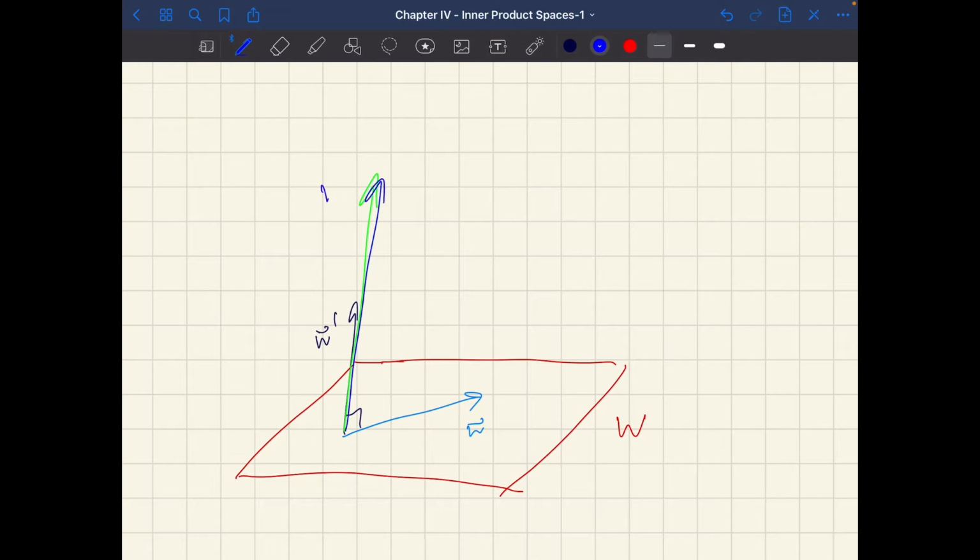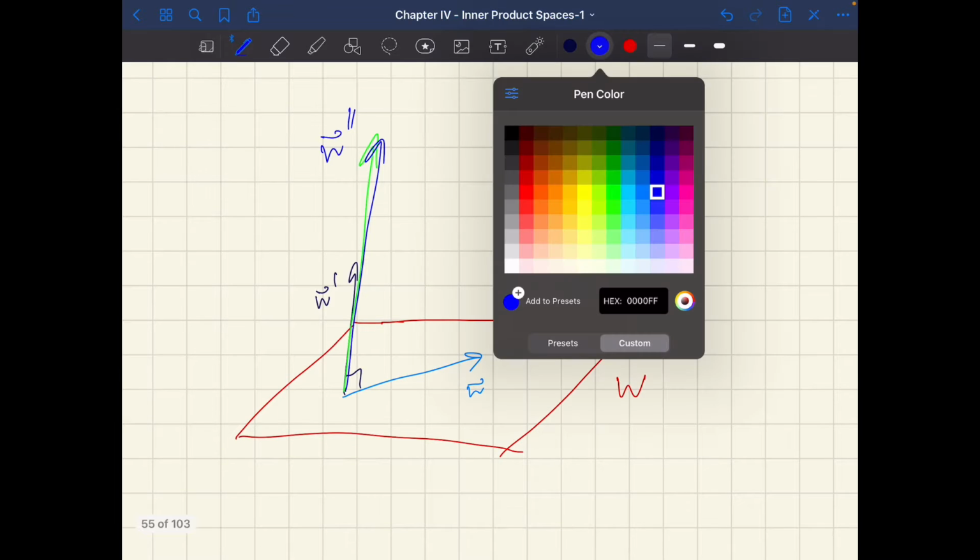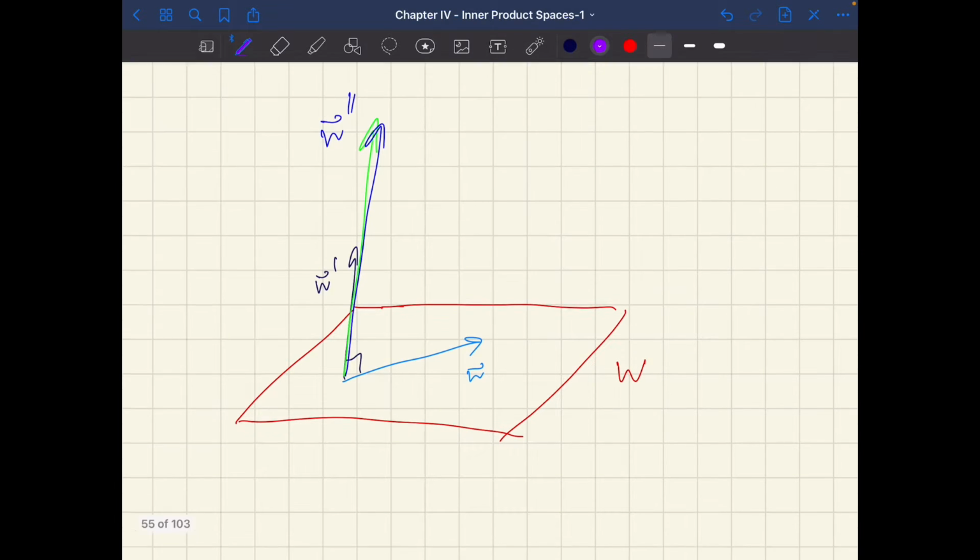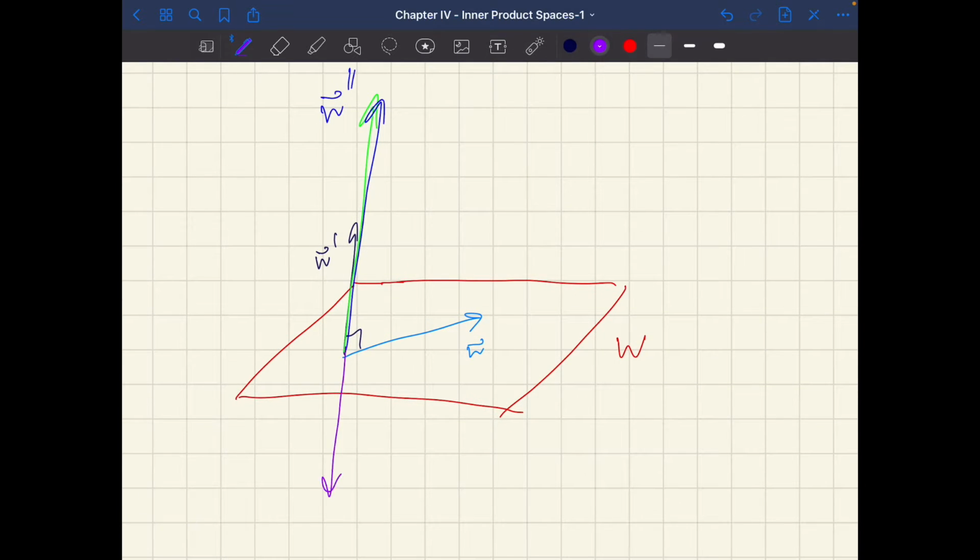You can stretch the W prime here and we obtain W double prime. Or if you multiply with a scalar that is negative, we can obtain the vector W triple prime here, right?